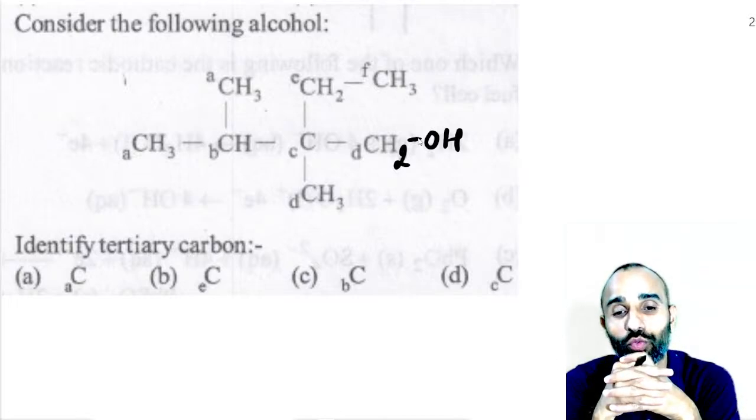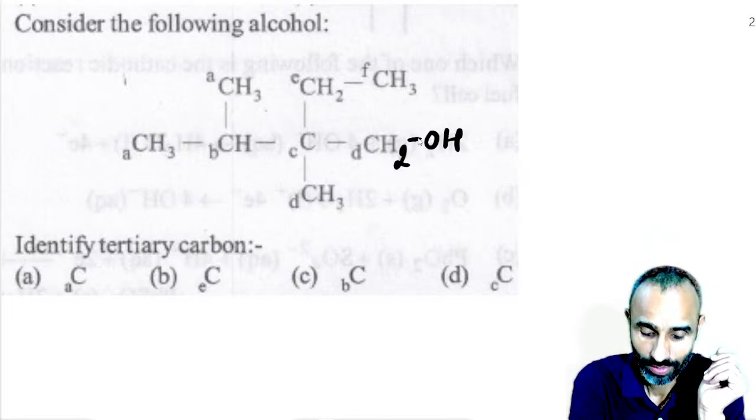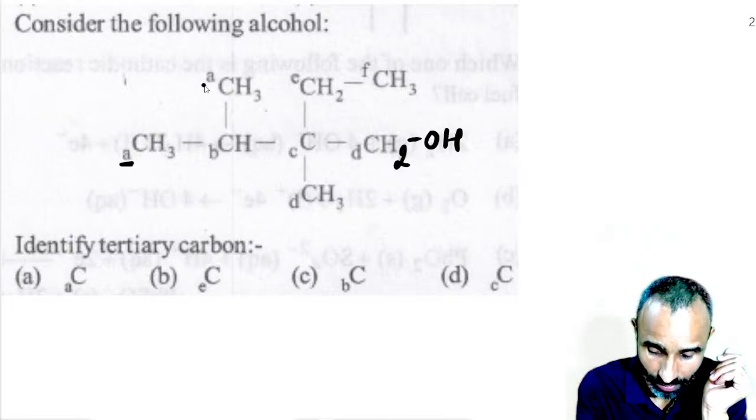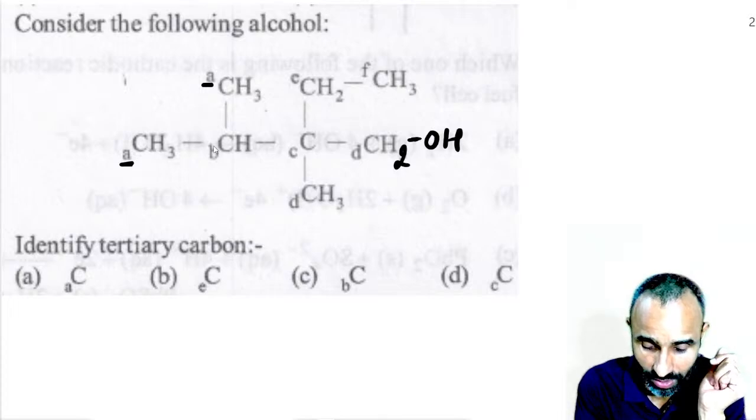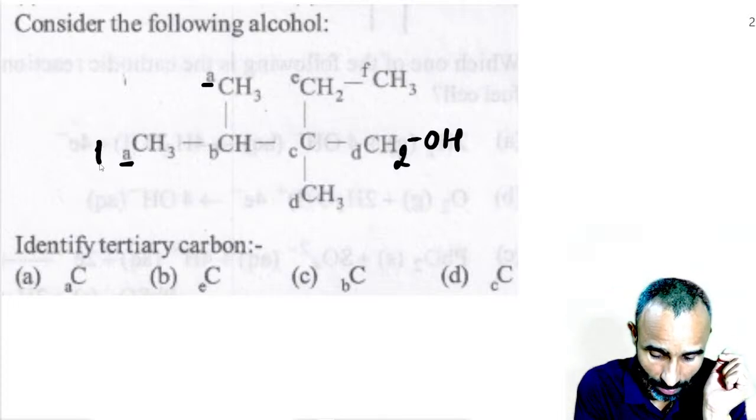So which one is the tertiary carbon? B, sir. Yes. See this A. This carbon is attached to only one carbon, so it is primary.